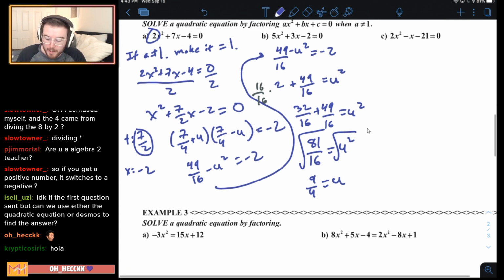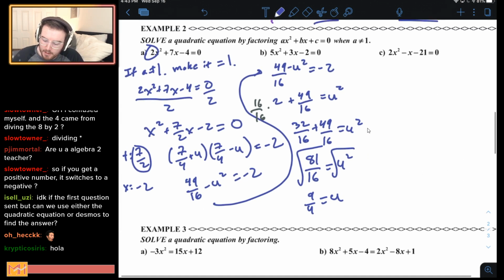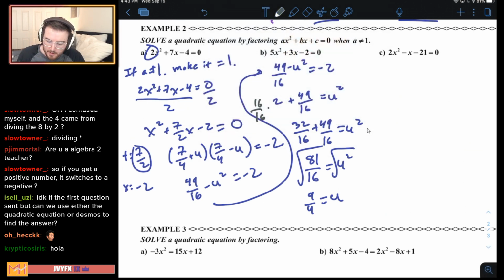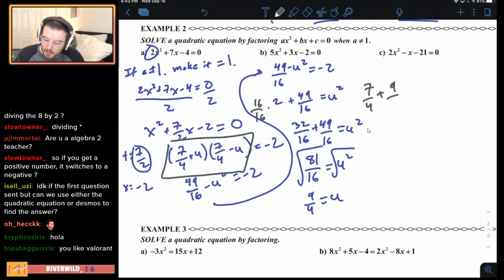So, what are my two numbers in the end? Sorry, I'm super running out of room. They took the form 7/4 plus u and 7/4 minus u. So 7/4 plus 9/4, 7/4 minus 9/4. We end up with 9 plus 7 is 16/4, which equals 4.